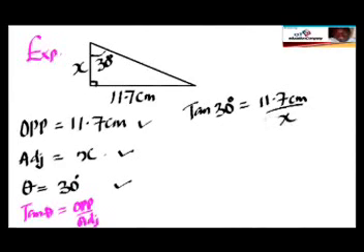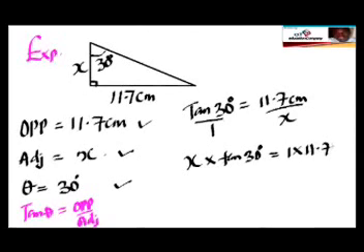Now I'm looking for my adjacent, and this is a fraction. Adjacent is actually the denominator of this fraction. I can make this a fraction by putting it over 1, then cross multiply. So I'll have x times tan 30 degrees is equal to 1 times 11.7 cm.